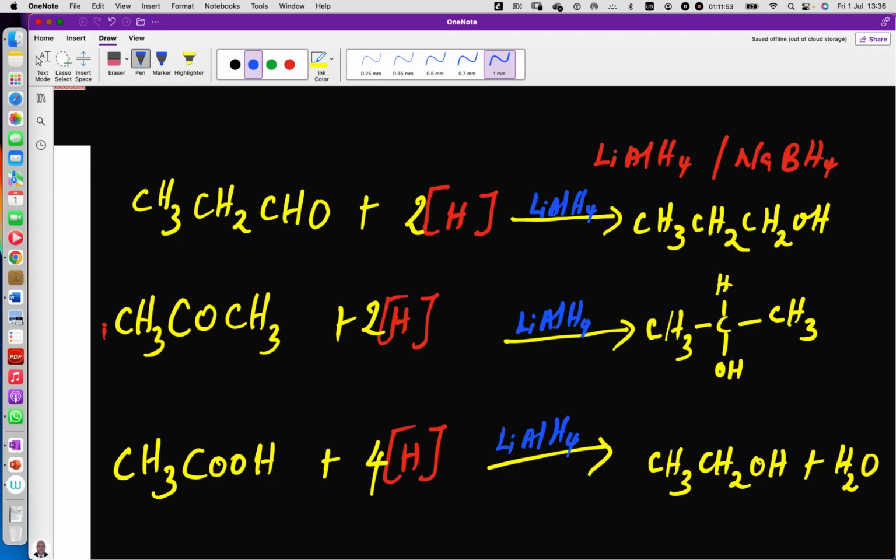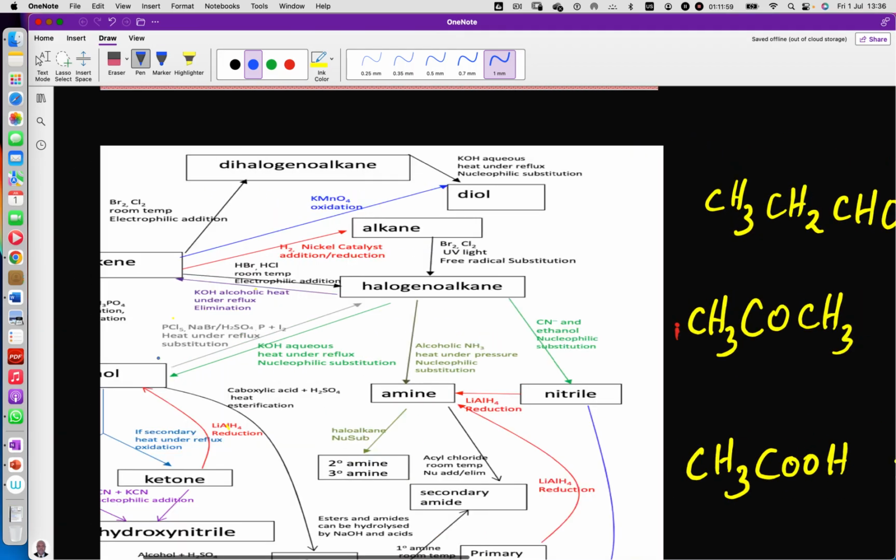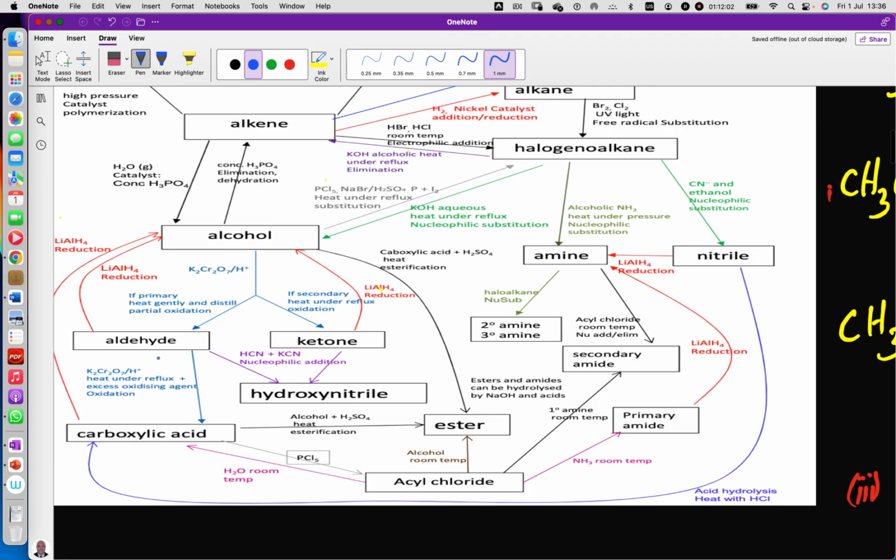So now let's go back. We are done with ketones, but we are not done with alcohols. Alcohols can react with carboxylic acids to form esters.